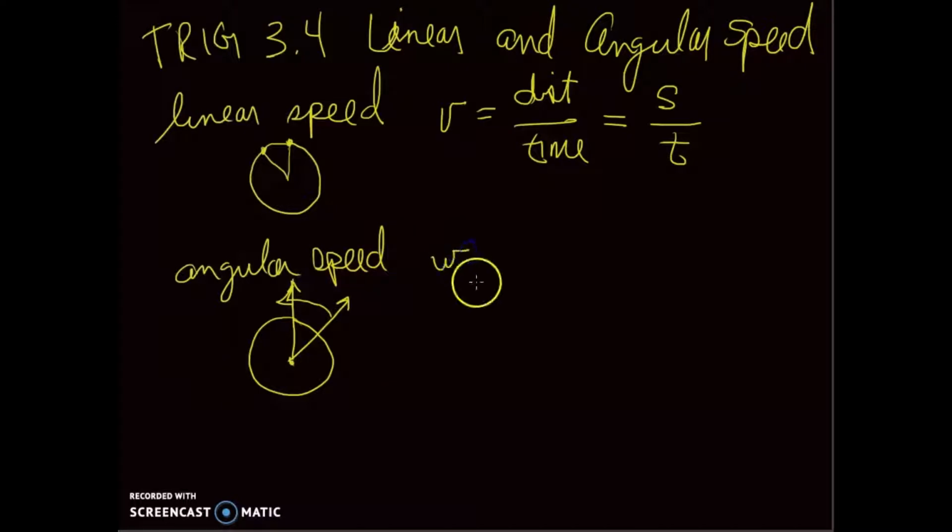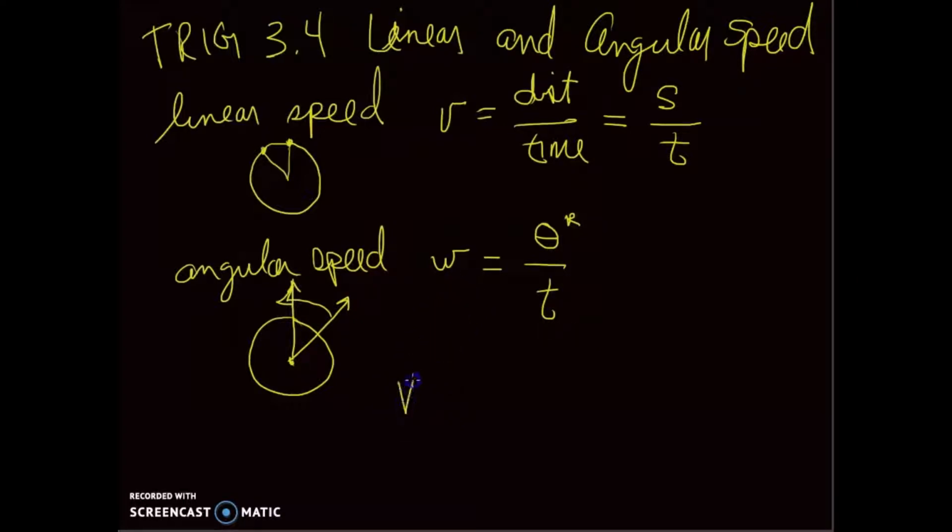We call that omega. It's a W with a little tail on it. And it is theta over t, the change in theta over t. So that makes sense. Now this can be degrees or this can be radians, but radians is a better unit to put it in just because you can do a few more conversions.